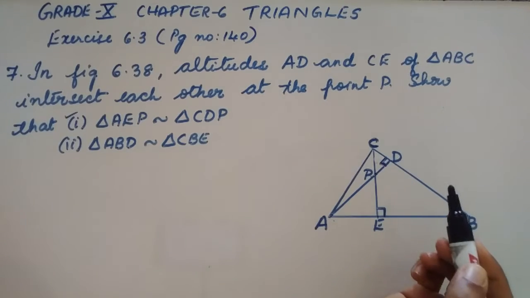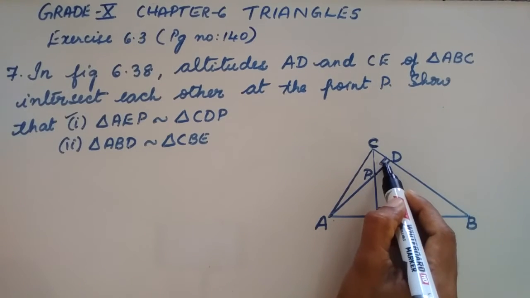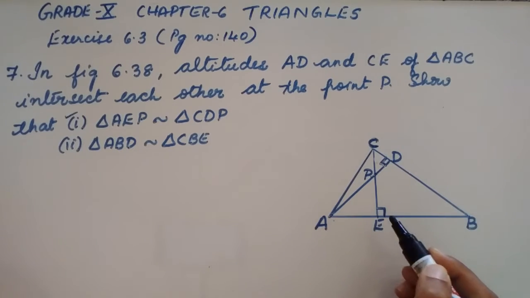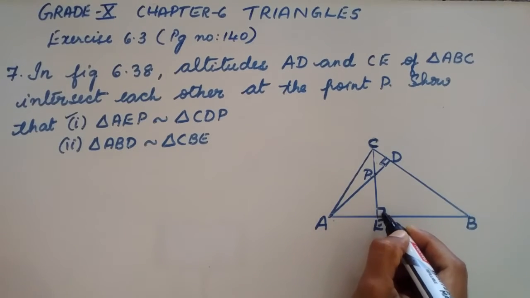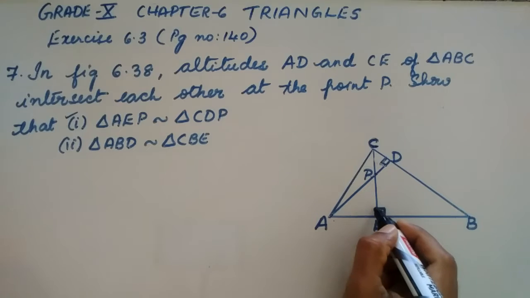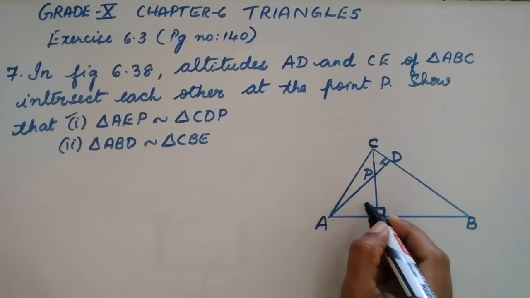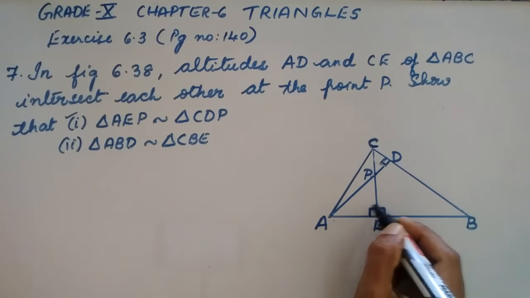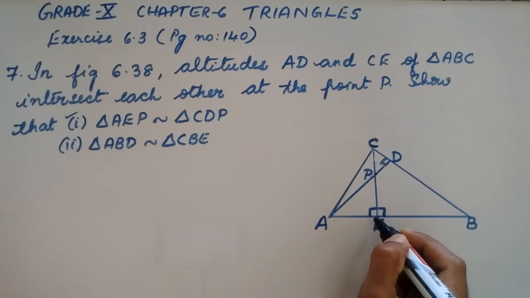a 90 degree angle here, that is angle D, in the small triangle. What about in this triangle? This angle is 90 degrees. So what about this angle? It will also be equal to 90 degrees. Why? Because it forms a linear pair here and they are perpendicular to each other.